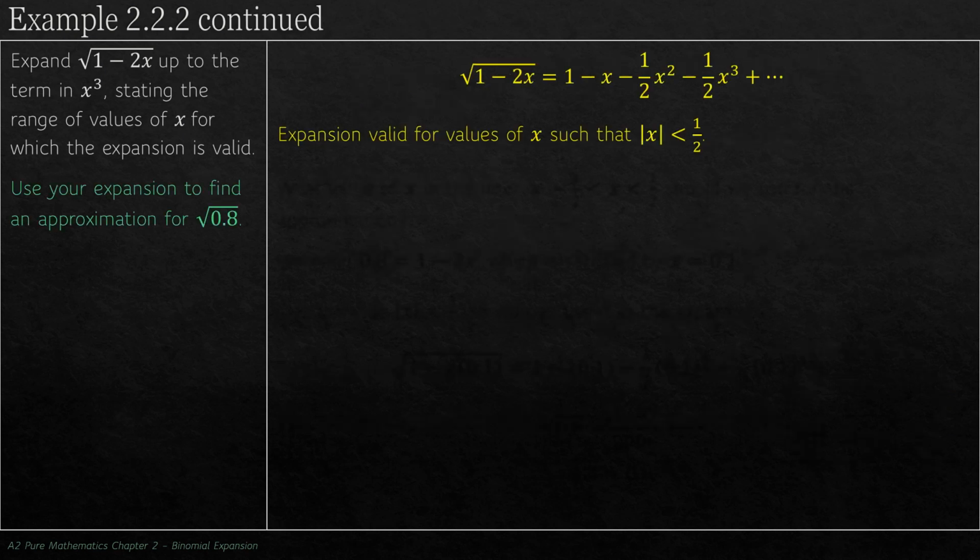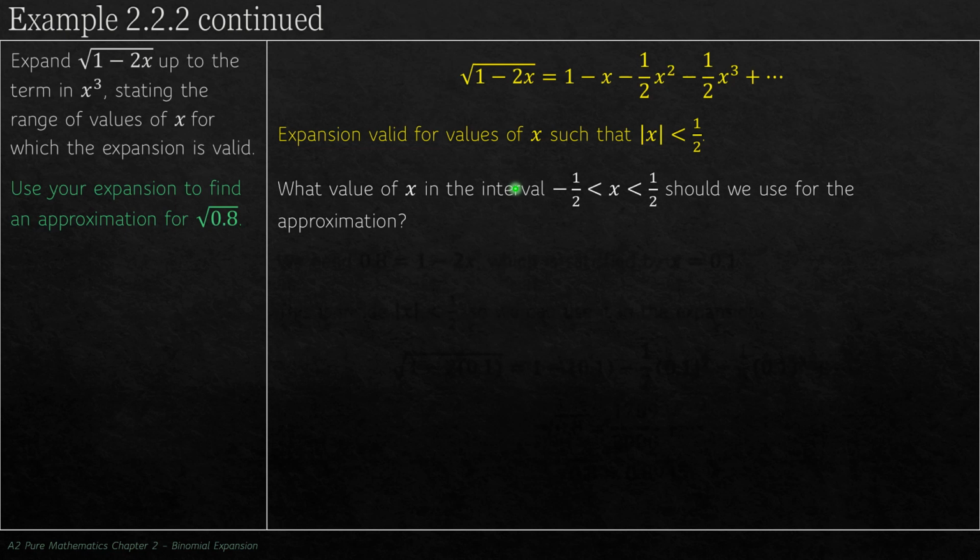Focusing on the next part of the question, we need to use the expansion to find an approximation for the square root of 0.8. We already have our expansion, or the start of our expansion, remember it's an approximation, and we know that x needs to be between -1/2 and 1/2. What I want is for 1 minus 2x to equal 0.8, so that's my starting place.